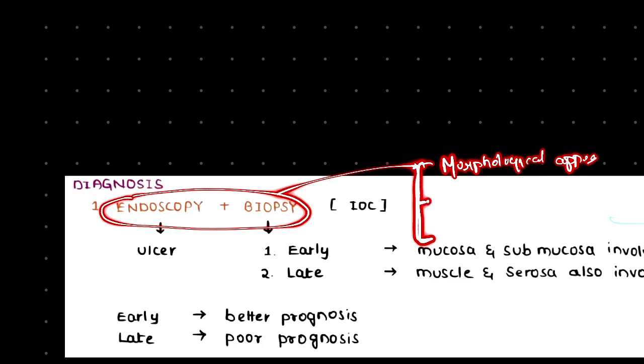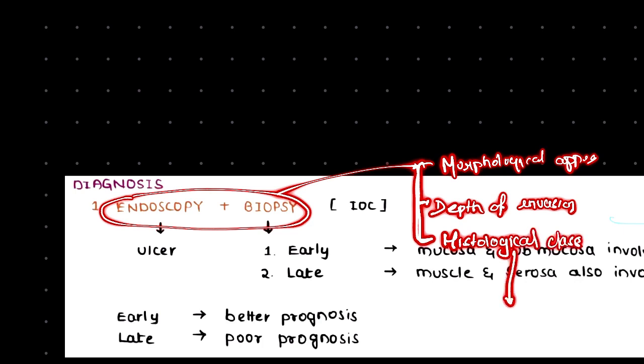Another criterion is that we can classify it on the basis of depth of invasion. And another important classification is the histological classification, which is also called Lauren classification.